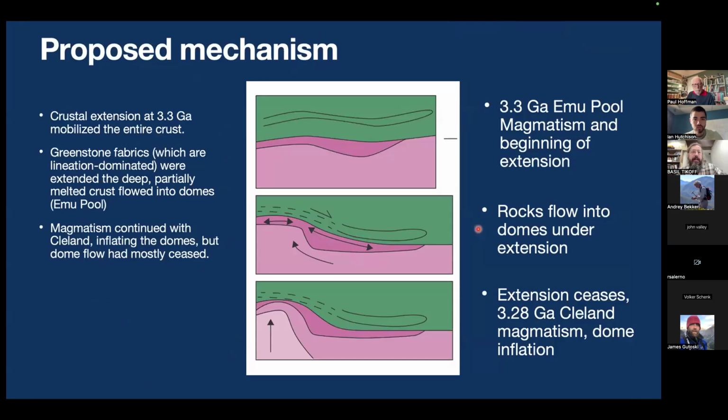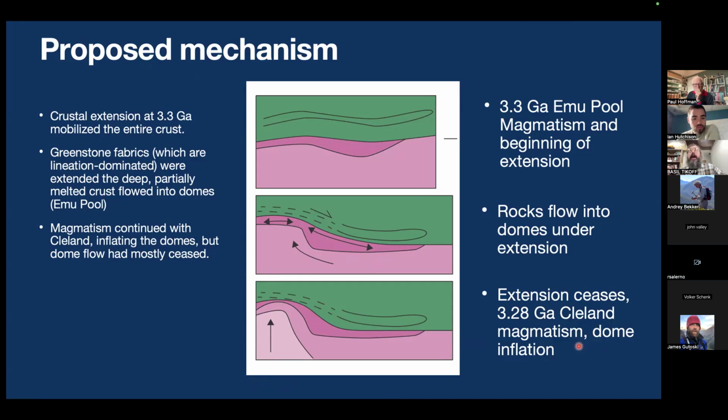All right, so how do you make all of that work? The idea is that at 3.3 billion years, we have the Emu Pool magmatism, and that seems to be when we're getting the beginning of extension. The domes seem to be flowing up, and then the Cleland magmatism, just 20 million years later, seems to be rejuvenating the dome or continuing to uplift it.